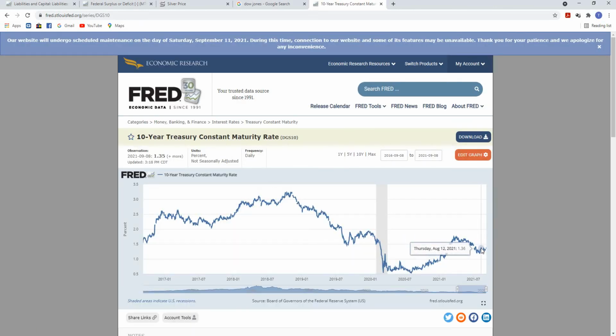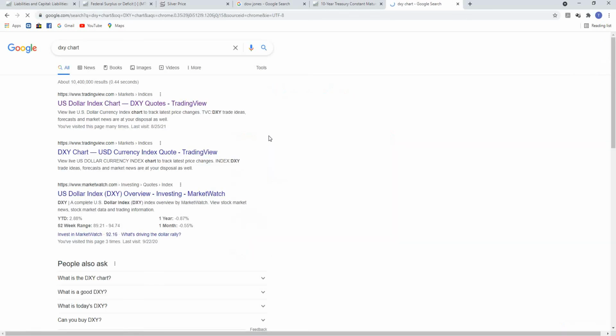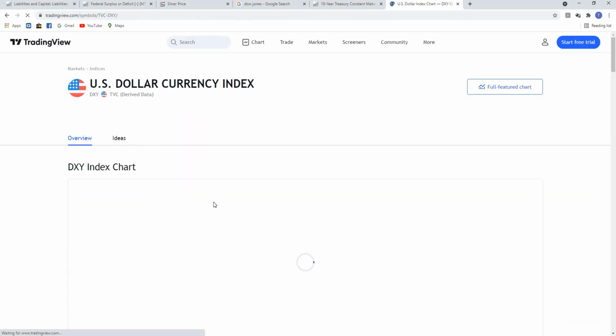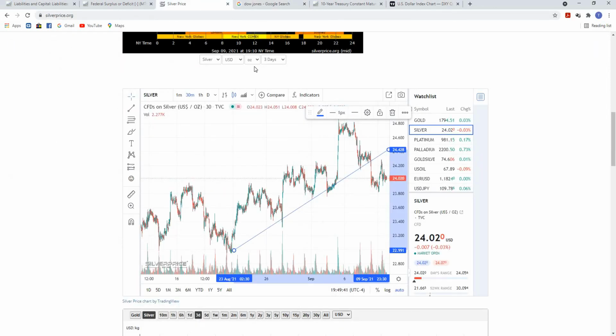It looks like government bonds are kind of steady here. So there could be just a flight to cash itself. Let's see if we're seeing just a flight to cash itself here. I'll pull up the DXY chart and see what's going on there. This is just the dollar index. Yeah, so the dollar index is relatively stable. So it looks like markets are just trading sideways here.